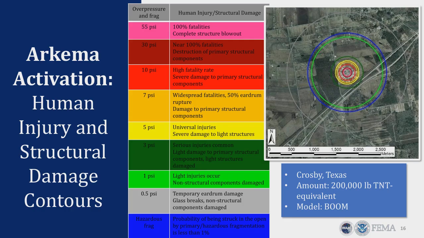So we're talking both human injury and structural damage. This is damage to lungs, to eyes, to eardrums. What kind of facilities could sustain architectural damage and stuff like that, all included in this one slide. Luckily, that did not happen here, but we wanted to at least give them an idea of, okay, if that full amount goes up at once, this is how far out people could be affected.